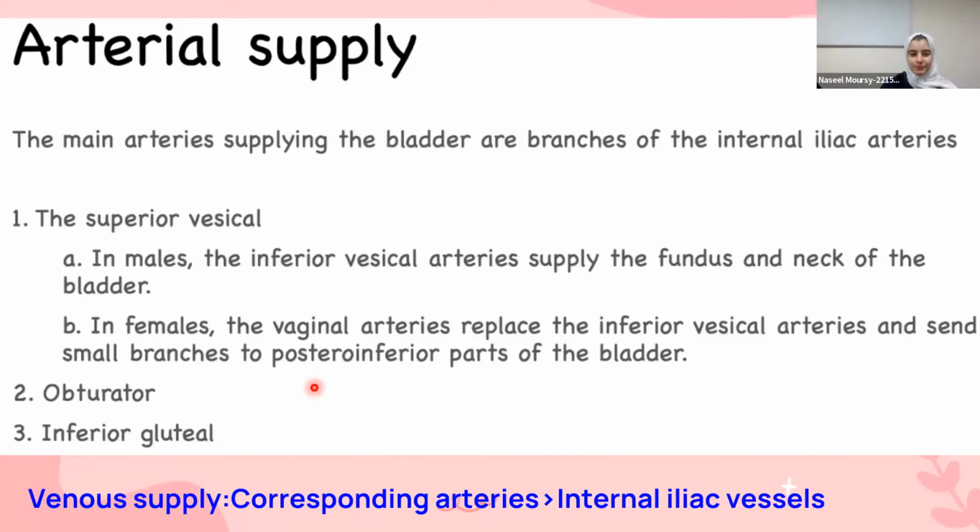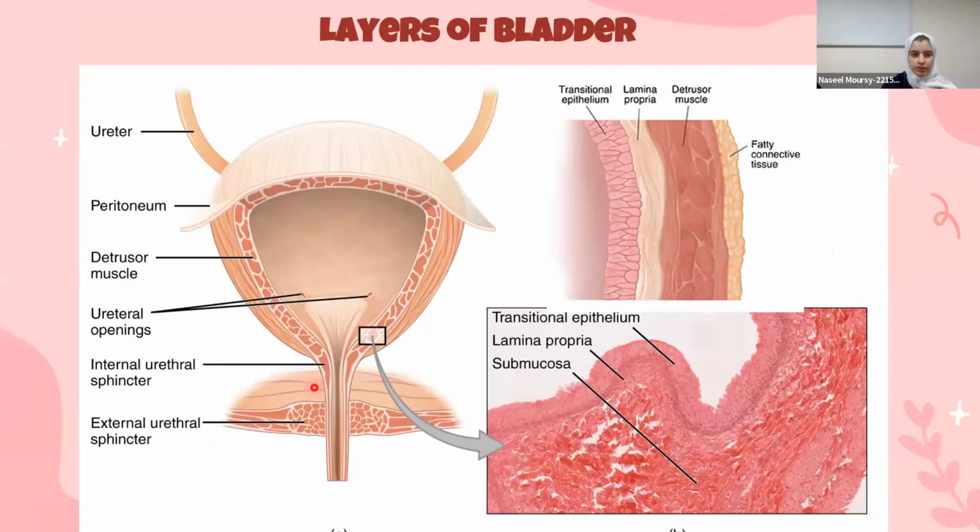Moving on. The bladder has layers. This is mainly histological, but you do see a difference in gross appearance. You have the ureter and the peritoneum, which is cupping the bladder from the top only. Then you have the detrusor muscle, which is the main muscle acting in the bladder.